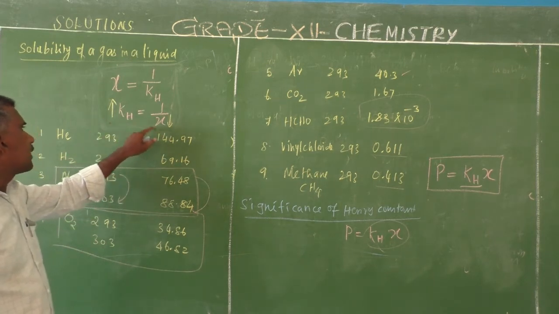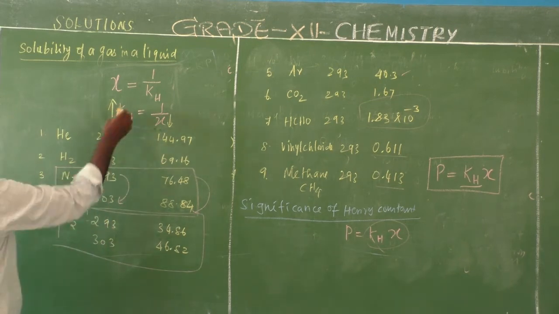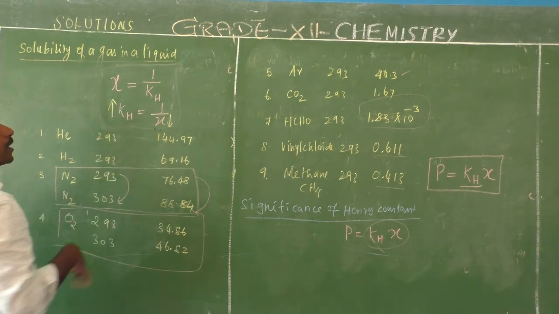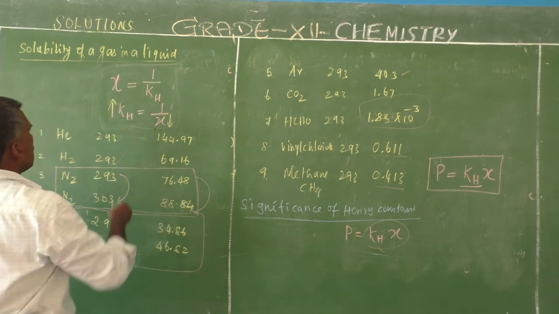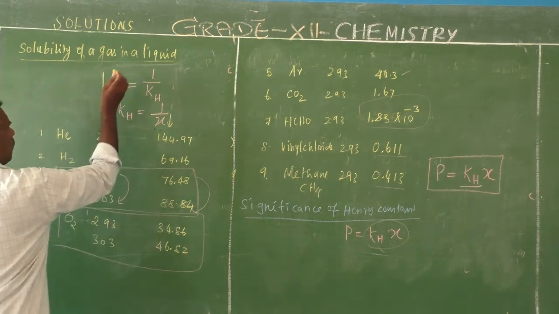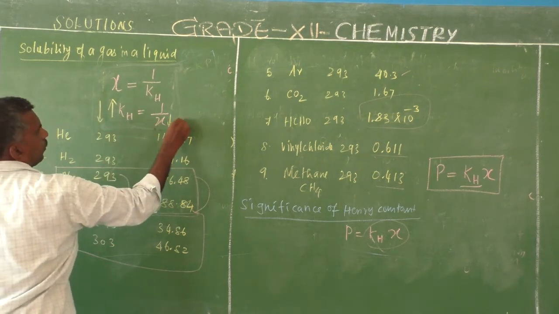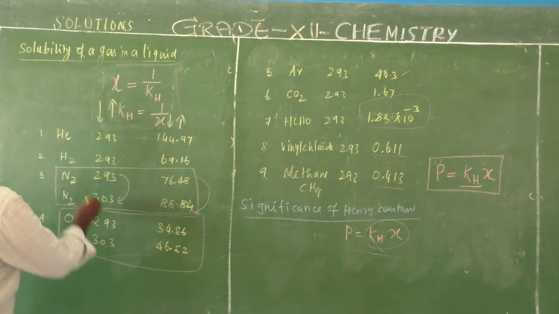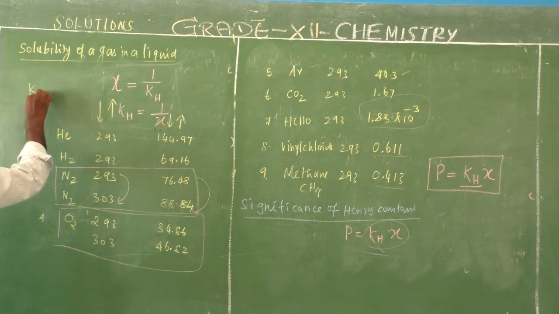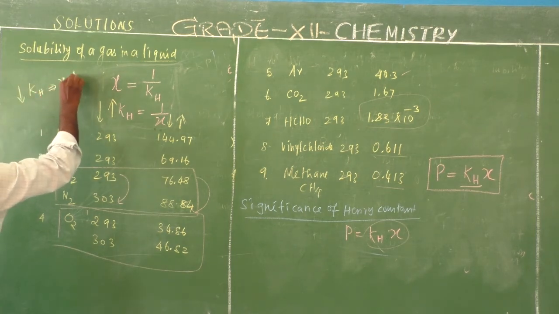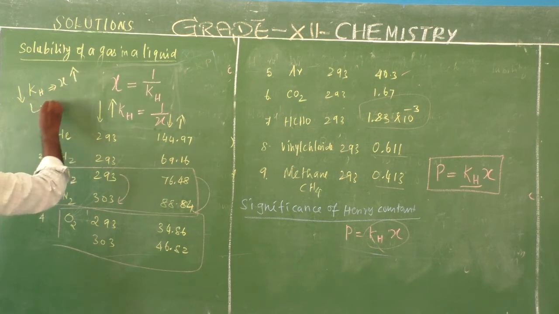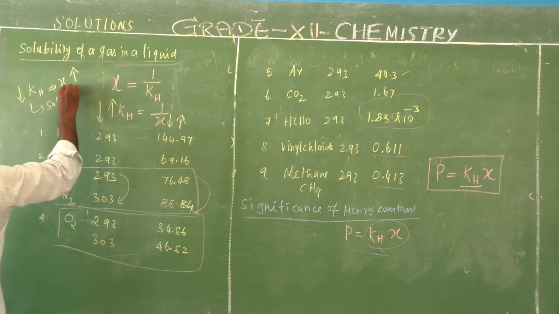So Henry constant highest value, minimum solubility. Now Henry constant decreasing, mole fraction increasing, that is solubility increasing.